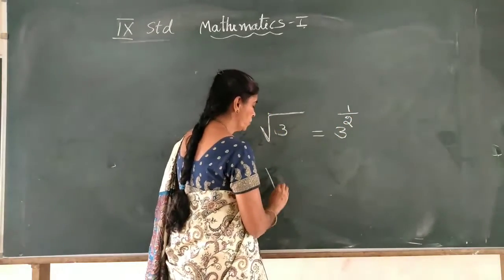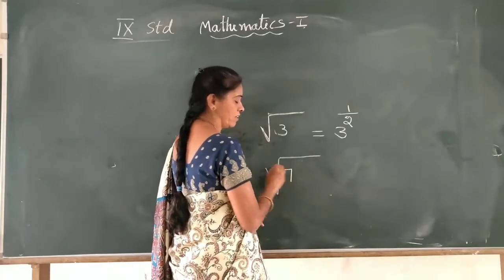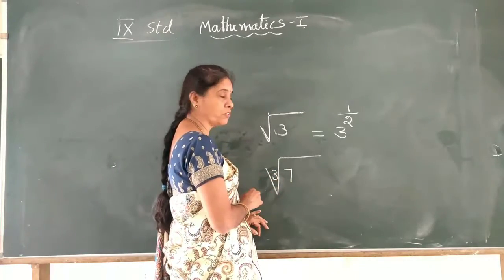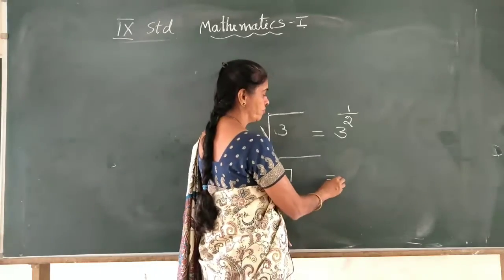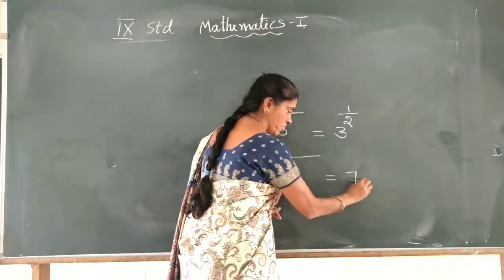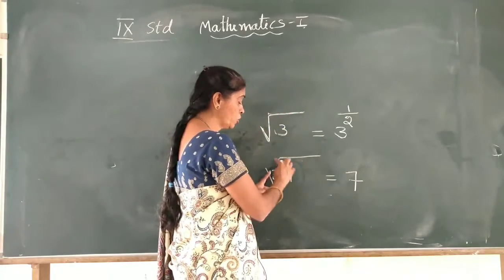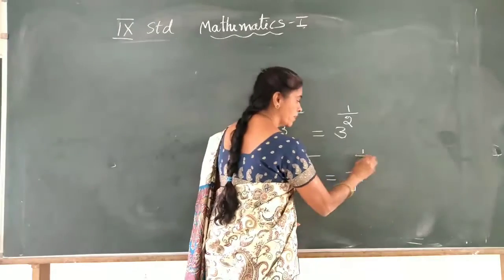If it is cube root of 7, how do we express it in exponential form? This number 7 we write as the base. Then, since it is a cube root, it is 1 over 3.